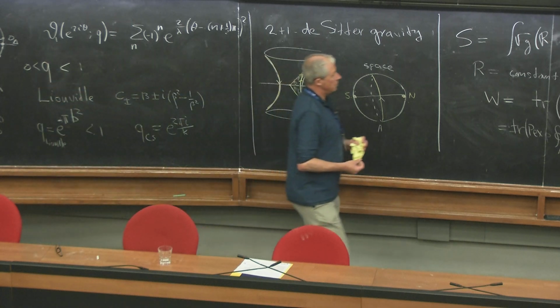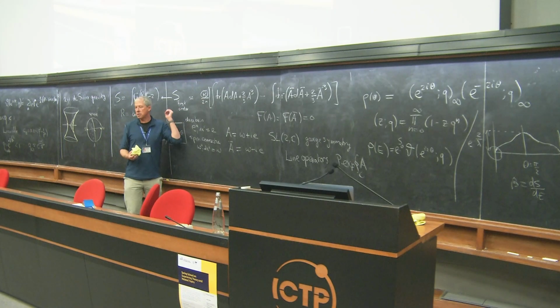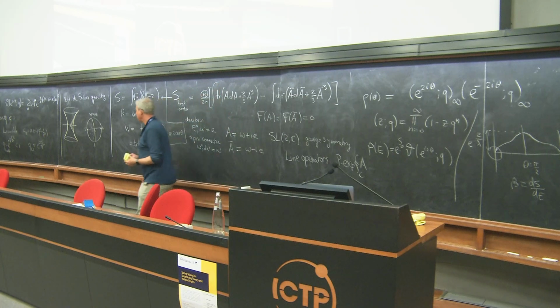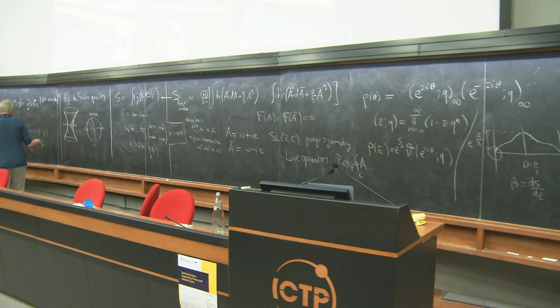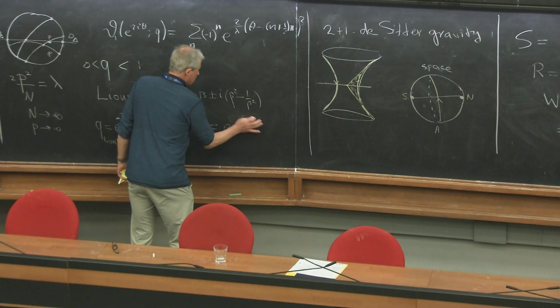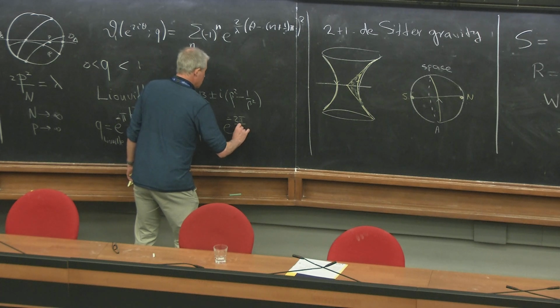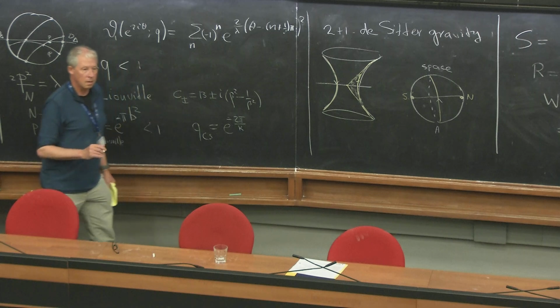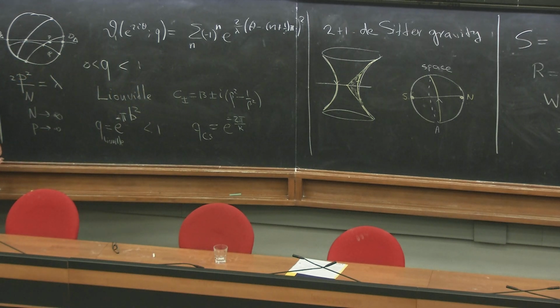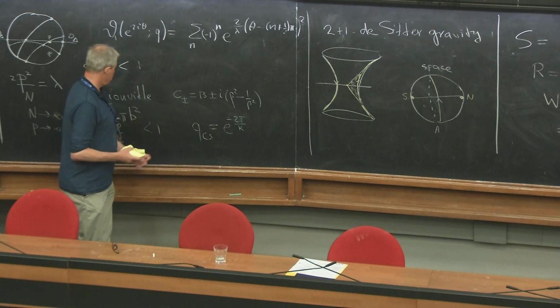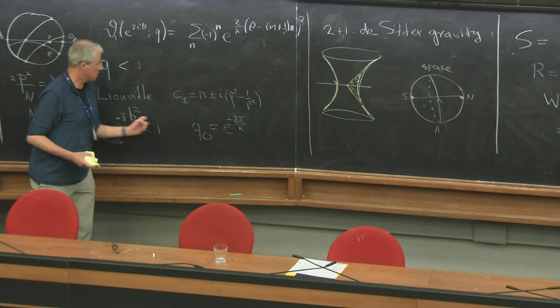However, in the case of the Chern-Simons theory that relates to de Sitter gravity, this is known to be a complex level. So this is SO(2,C) Chern-Simons theory at imaginary level. In this particular theory, the Q factor is e to the minus 2 pi over kappa. So I can already see that precisely the same relationship might hold.